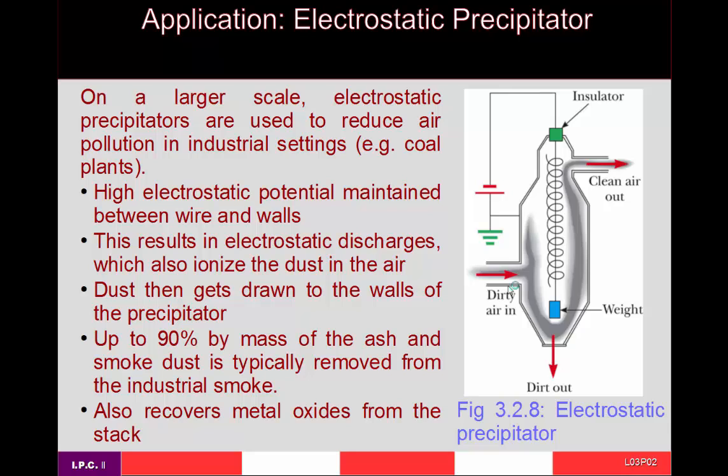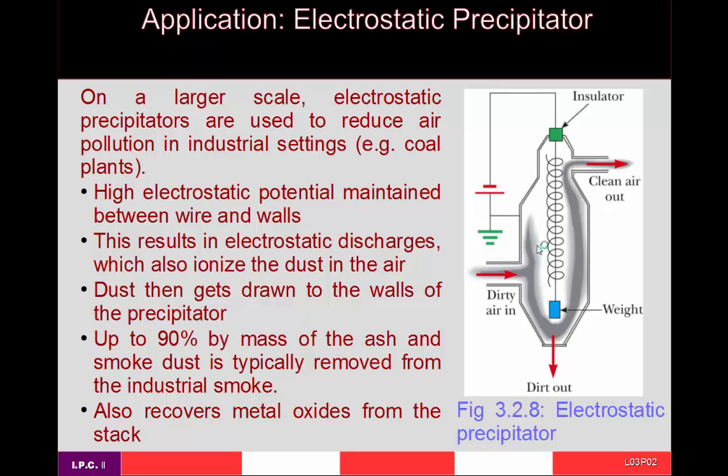And so most of the dirt falls out towards the bottom, kind of sticks to the side, and eventually when you turn it off it can fall down to the bottom when not in operation. And so this removes up to maybe 90% by mass of the ash and smoke and soot that is being put out by these industrial smokestacks.